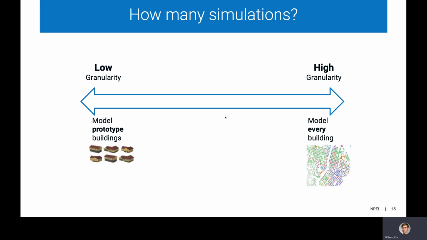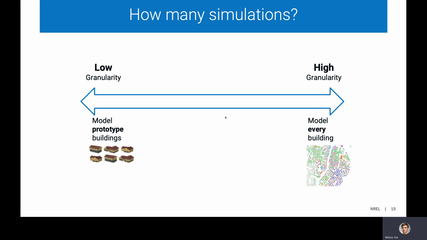So why this number of simulations? Well, we've done a lot of work characterizing the number of simulations that's necessary to represent the diversity of the building stock. And it really depends on what questions you're trying to answer. But you can put models on a spectrum from low granularity to high granularity, where on the low granularity side, maybe you're modeling a handful of prototype buildings.